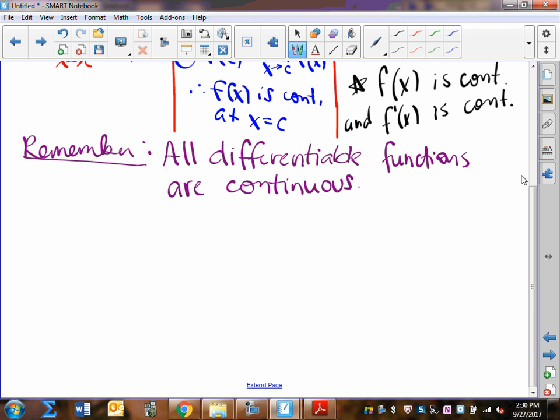We talked about that there. If a function is differentiable, then that means that it is continuous. Okay, so in geometry, logic, notation, PQ, if-then statements, we had that differentiability implied continuity.